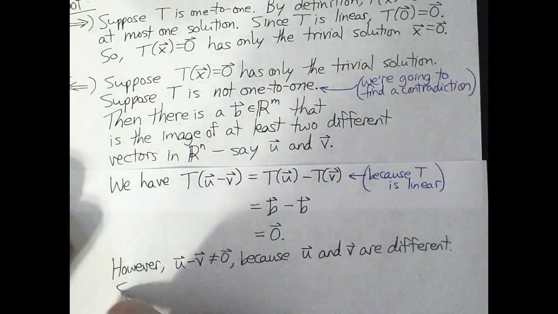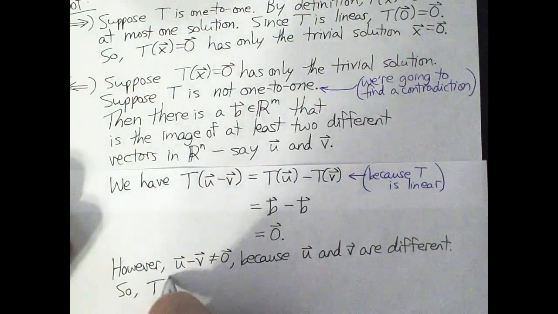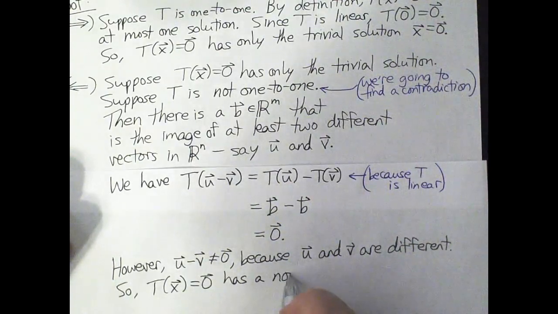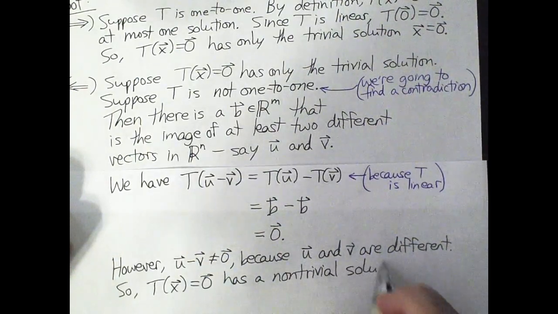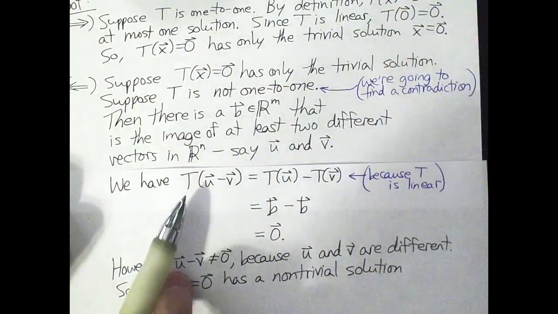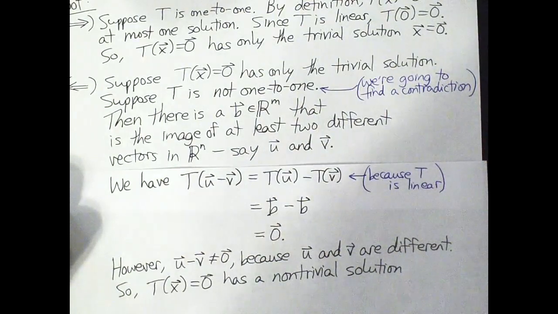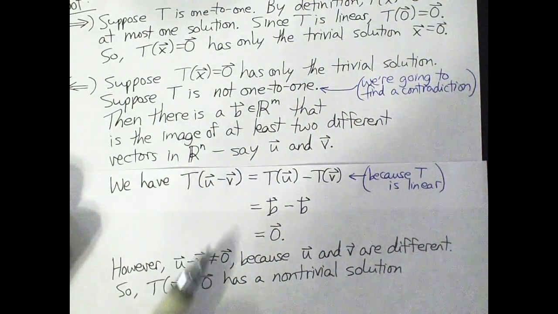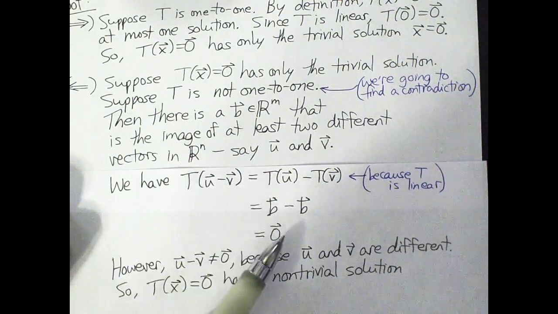So T of x equals 0 has a non-trivial solution. We just found it. u minus v is non-zero, and T of u minus v is 0. So u minus v is the non-trivial solution to this equation.